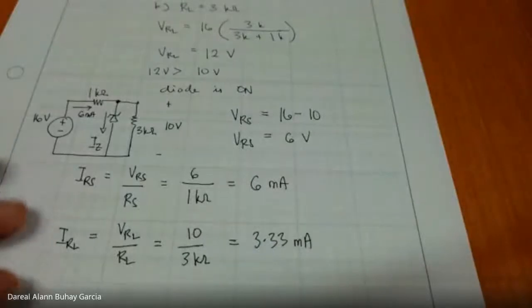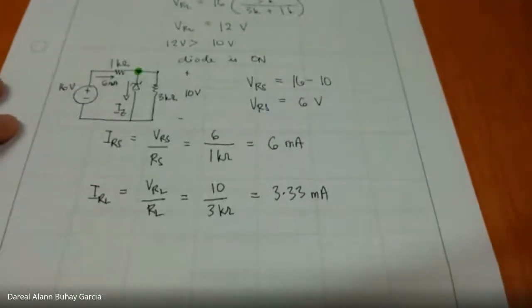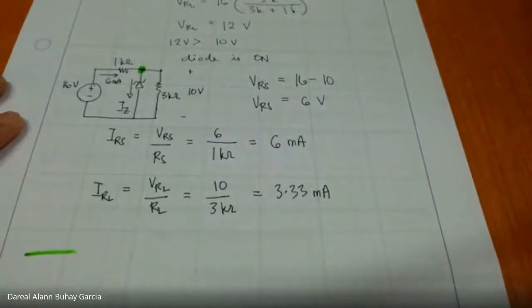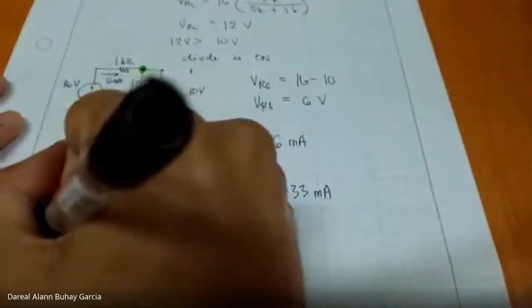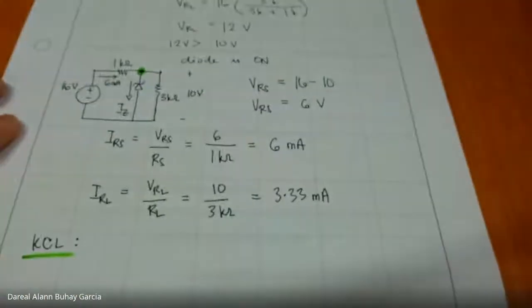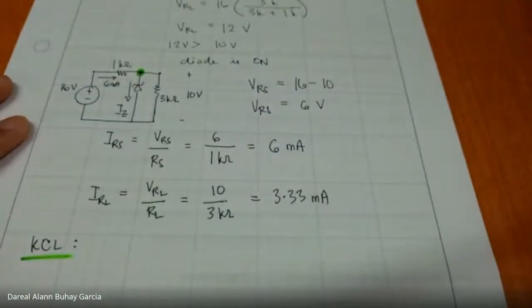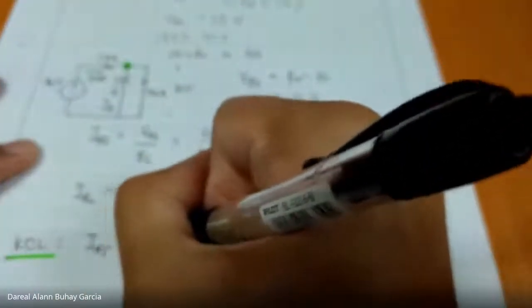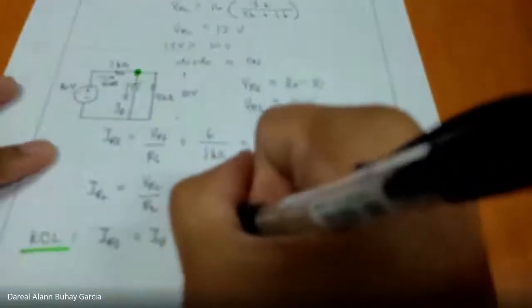So by virtue of KCL ta ana nga node, IRS is equal to IZ plus IRL.